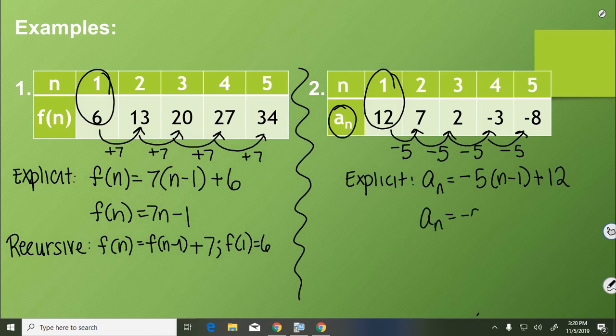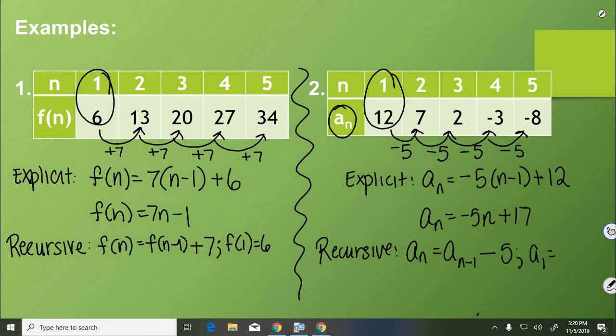So this would also be equal to negative 5n plus 17, where 17 would be the 0th term rather than the first term, or the initial term. Then recursively, we have a of n equals a of n minus 1 minus 5, where the first term is 12. Okay, so that's when you're looking at a table.